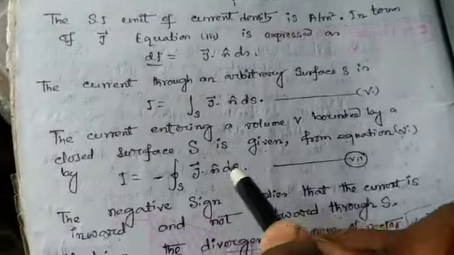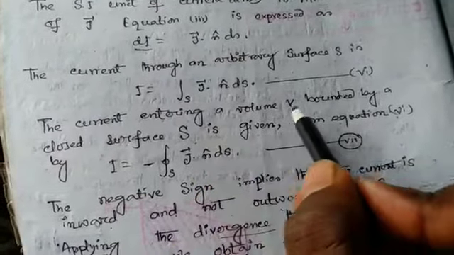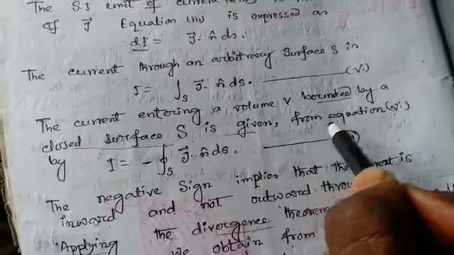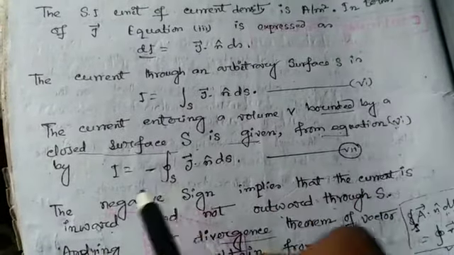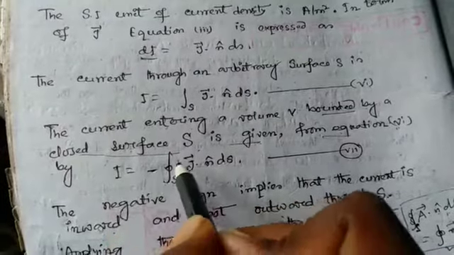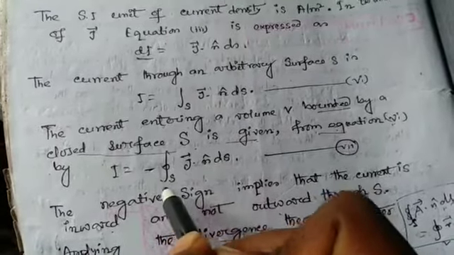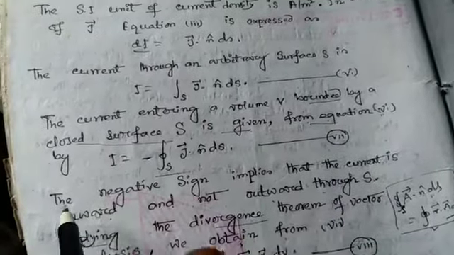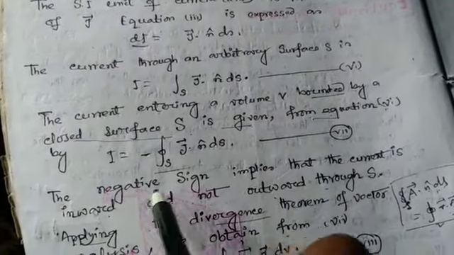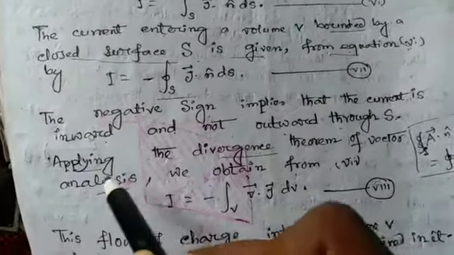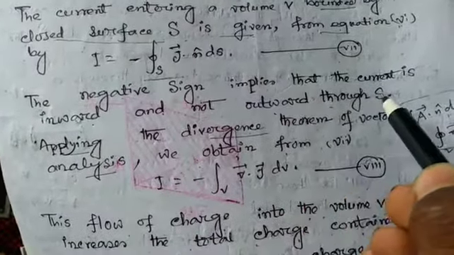Again we know the current entering a volume V bounded by closed surface S is given from equation 6. So I equals closed surface integral with a negative sign. What does the negative sign imply? The current is inward, not outward through S.